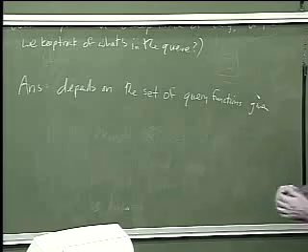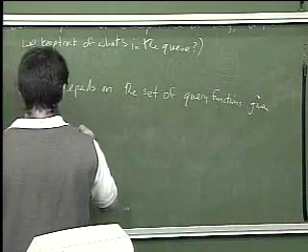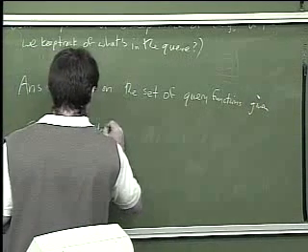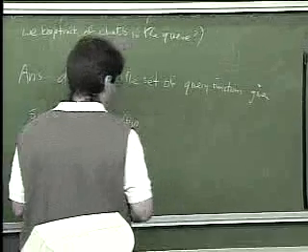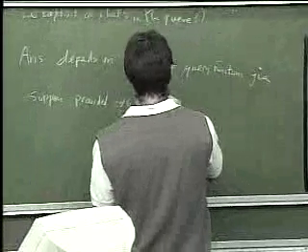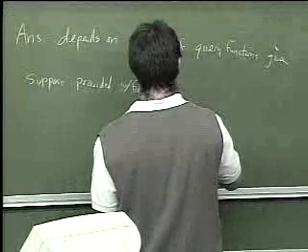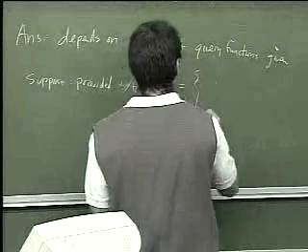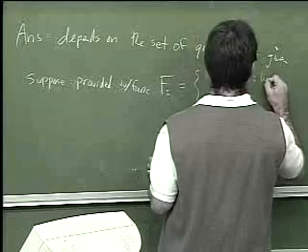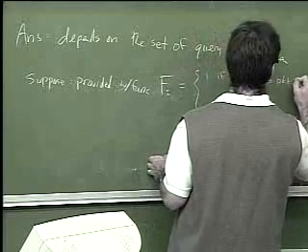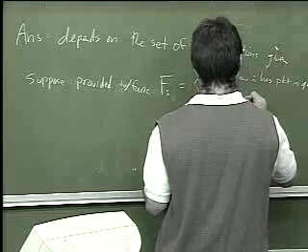Suppose I provide you with a function f of i, which equals 1 if flow i has a packet in the queue, and 0 otherwise.